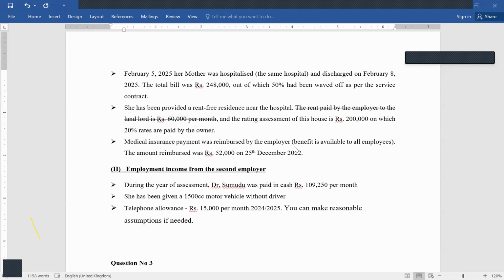If I remove this part, then you have to calculate the residence benefit. Let's assume this is not there. I removed this part. Now what is the benefit?